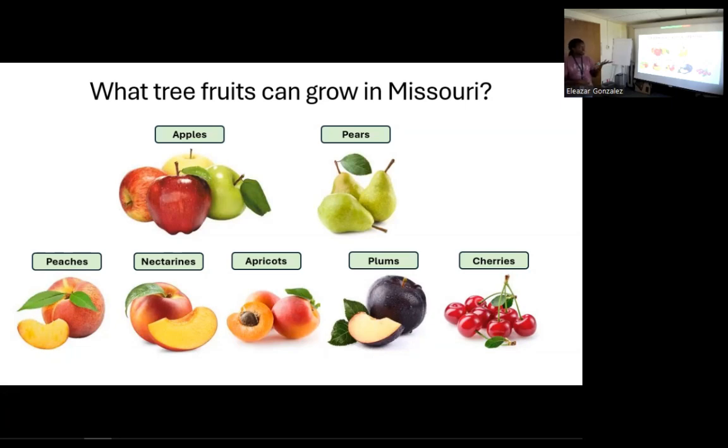And some of these will do better than others because some might be more prone to the spring frost, or maybe more susceptible to the conditions or diseases that you might find occurring here. These, however, are what you might commonly see with regard to tree fruit in Missouri.